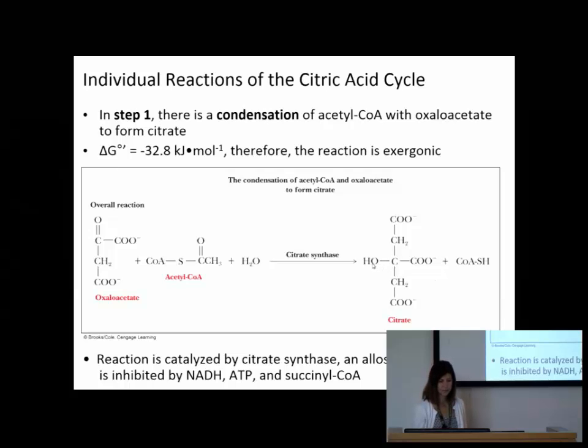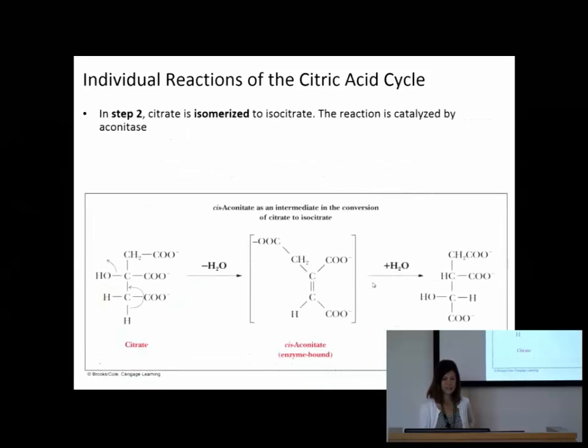So again, from our lab talk, what's the next step? You're going to move that tertiary alcohol to secondary. So that's an isomerization. We have an intermediate that is a double bond.